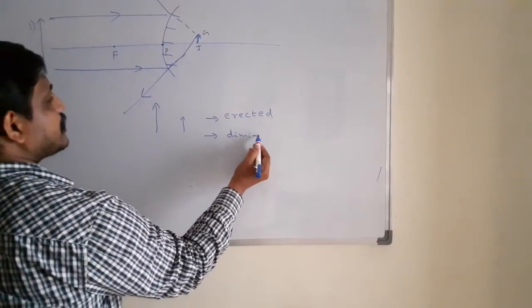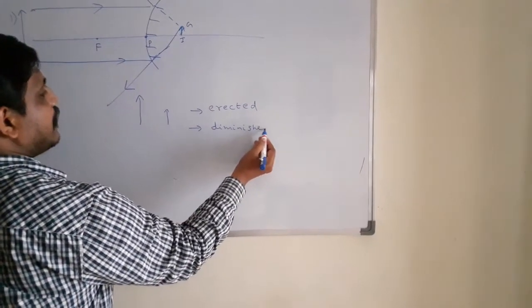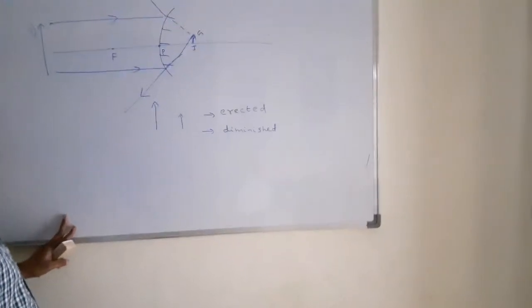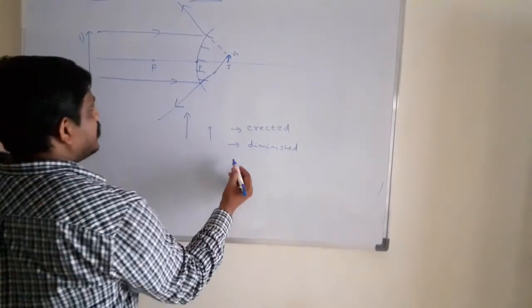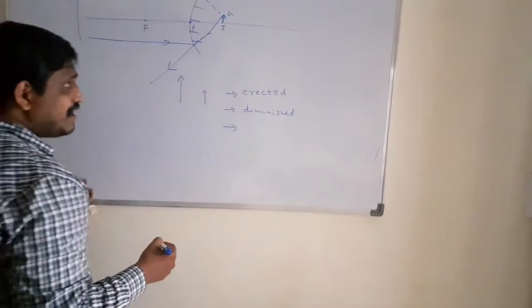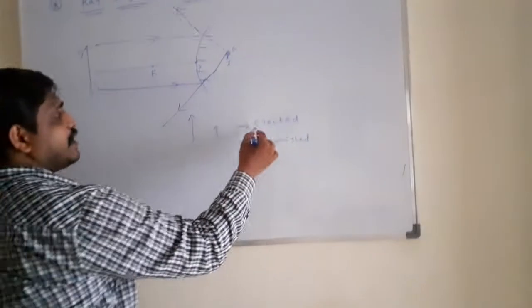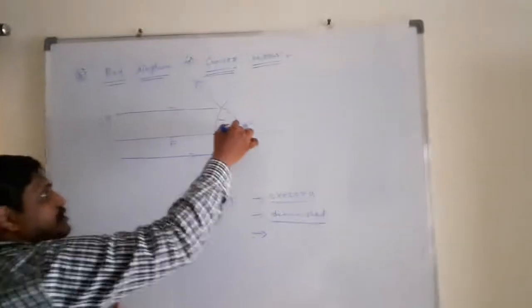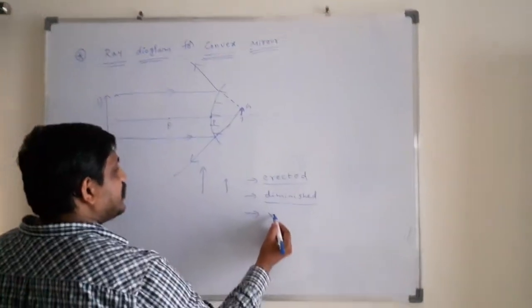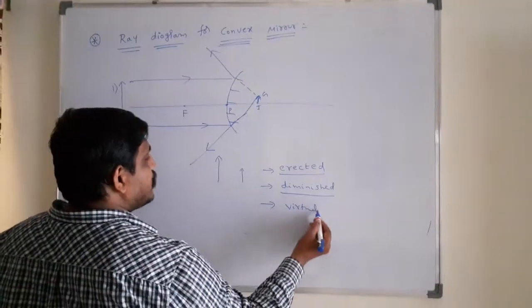That means convex mirrors always produce the diminished image. Erected image and diminished image. And these are extended lines, nana. Extended lines means virtual image.